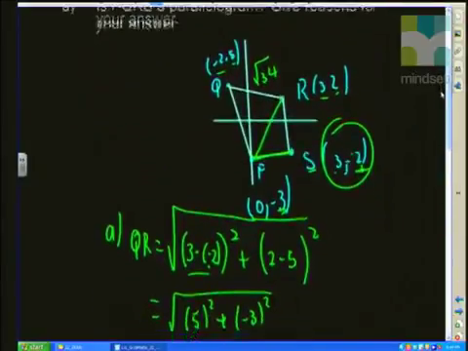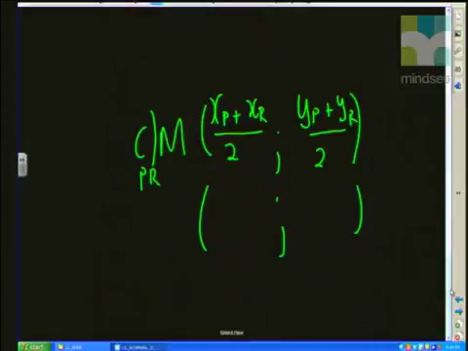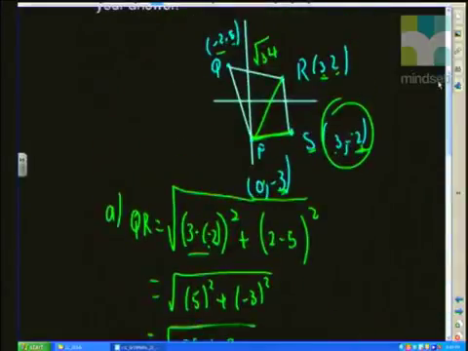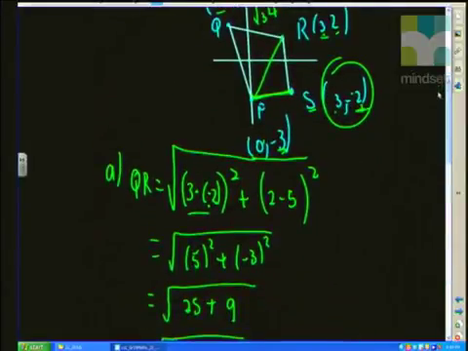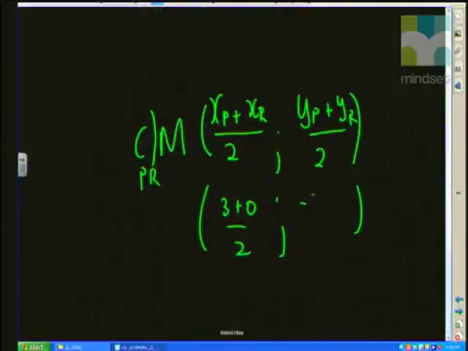So if we look at this, we've got PR. It's going to be 3 plus 0 divided by 2, all over minus 2 minus 3 divided by 2.